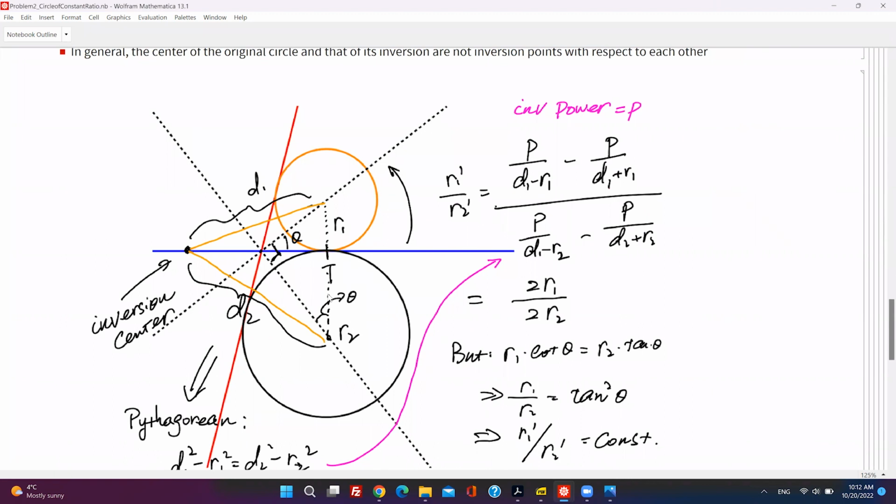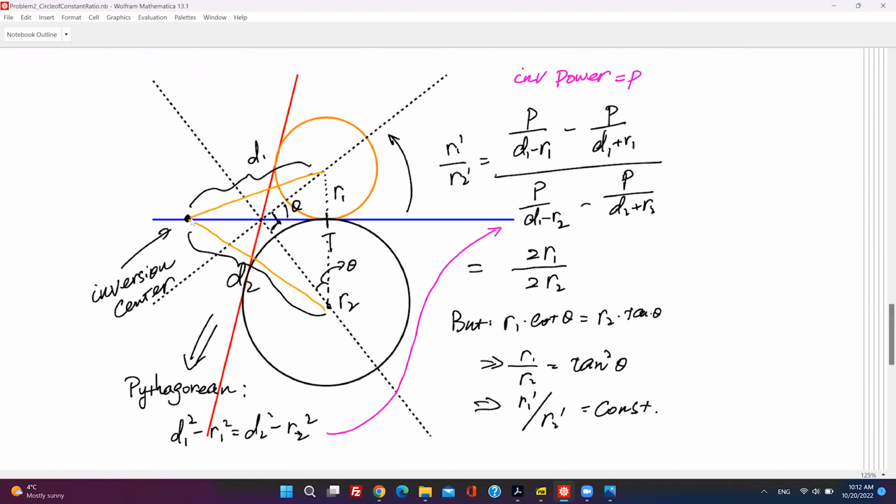It's just using the Pythagorean theorem twice on the triangles above and below the chord. Typically this formula is also mentioned in the help document for CircleInversion. You will see clearly how the original circle is inverted to a new circle here.